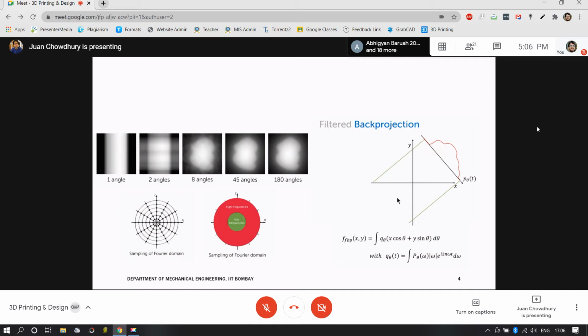Okay, I cannot get this pointer working. Sorry. Can you see the pointer? I can't see my pointer. Yes, it's not visible. Right.